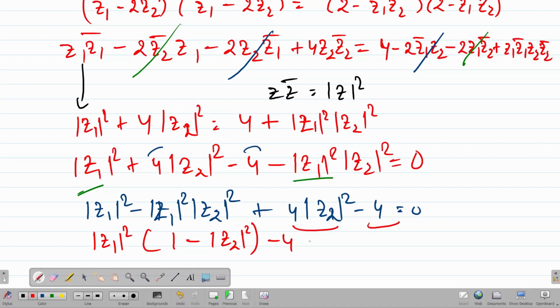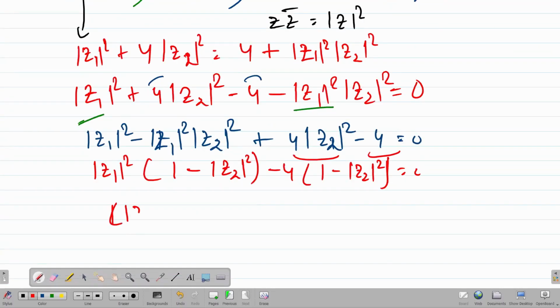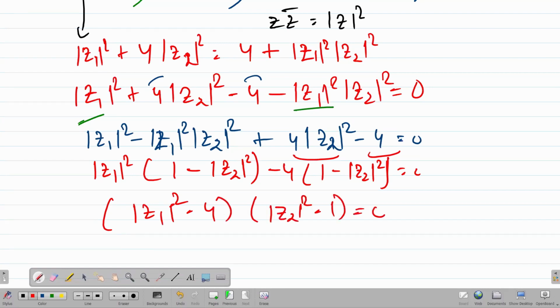So what I get: (1 minus mod of z2 square) into (mod of z1 square minus 4) equal to 0.